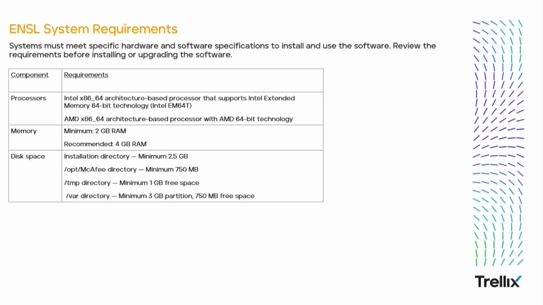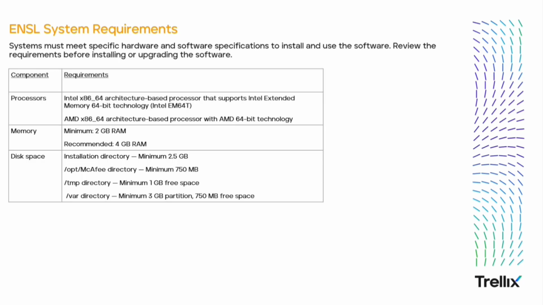To install ENS, we require a minimum of 2 GB of RAM, but we recommend 4 GB. Moving on to disk space, the installation directory of ENSL requires 2.5 GB of space. The opt McAfee directory requires 750 MB of space. In the temp directory, we need 1 GB of free space.